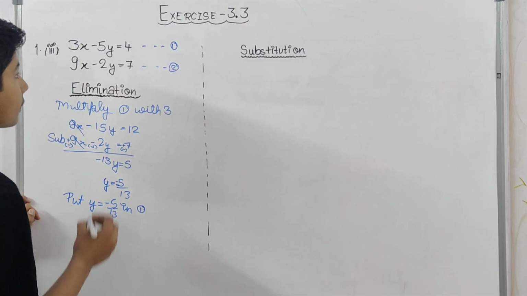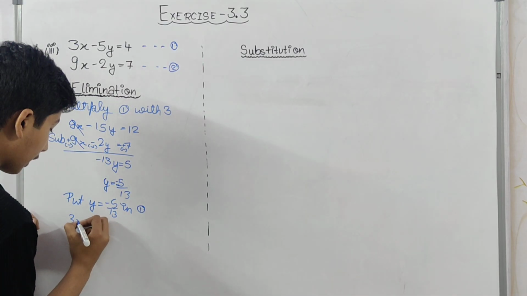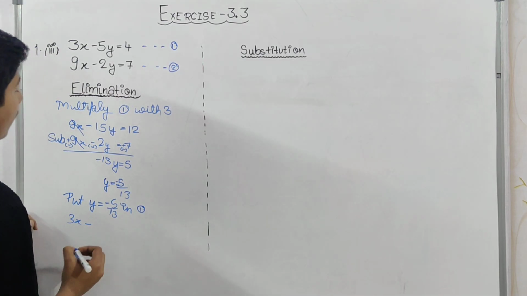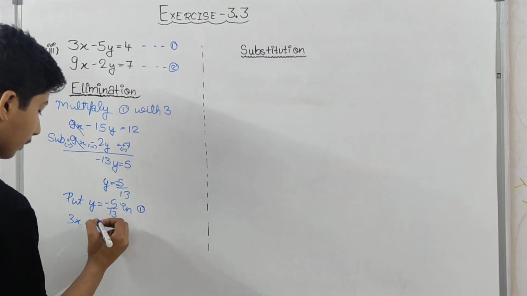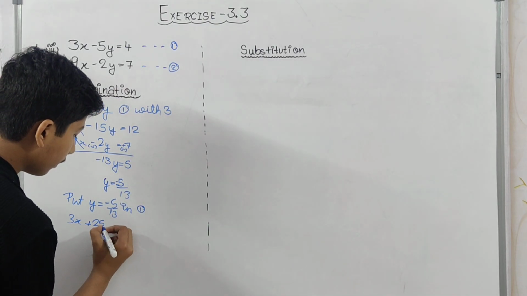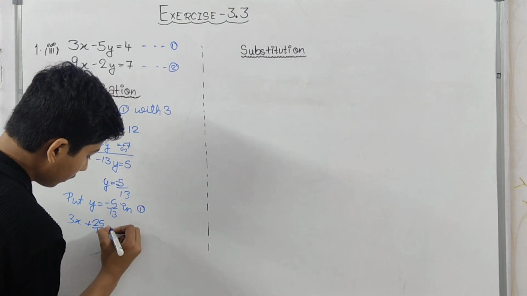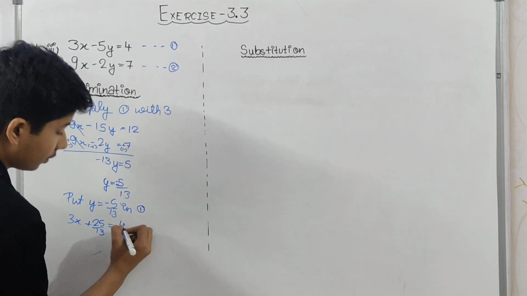So we get 3x minus 5y, into minus 5 means positive 25 by 13, equals to 4.